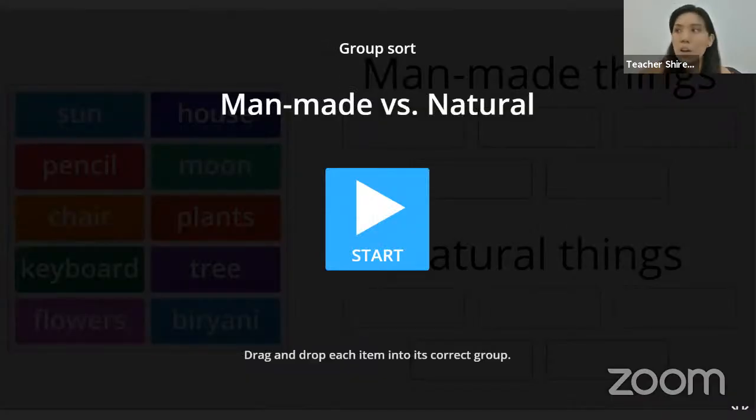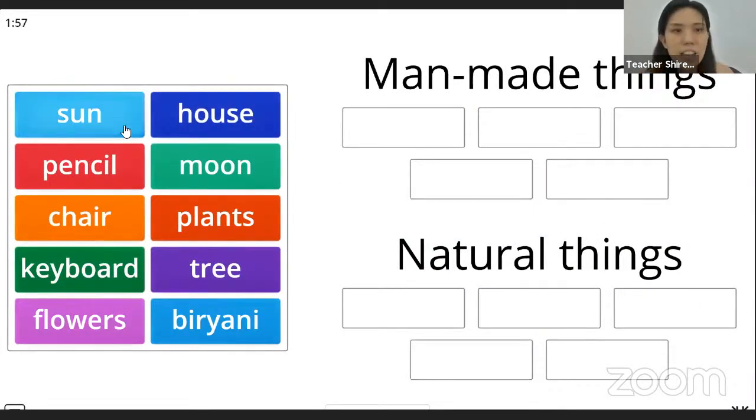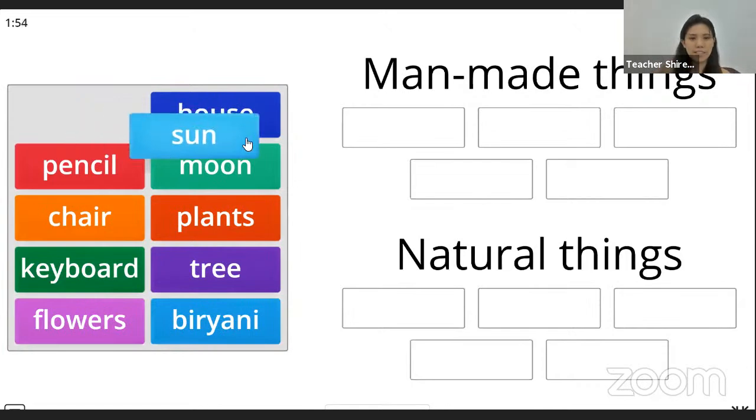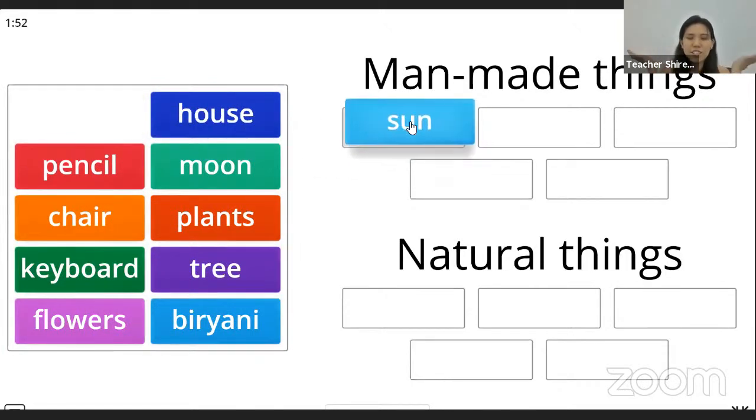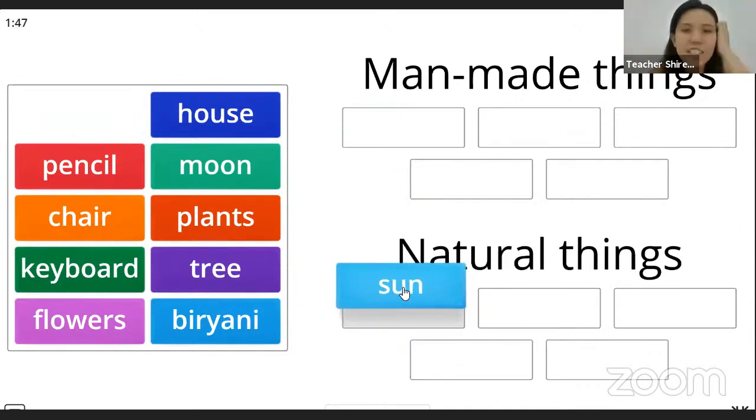Okay, let us play the game. Let me share the control with Joyce first. Okay, Joyce, go ahead. You can start now. Sun, is it natural or man-made? Sun is original, you don't need to process it. Very good, it's natural.